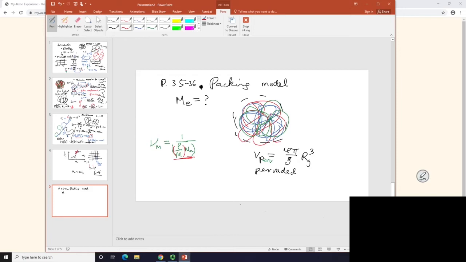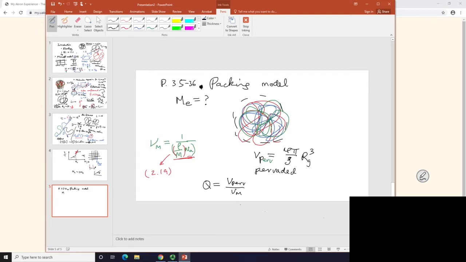So this expression is equation 3.19. And how many chains can you have in its pervaded volume is simply this pervaded volume divided by its physical volume, right?